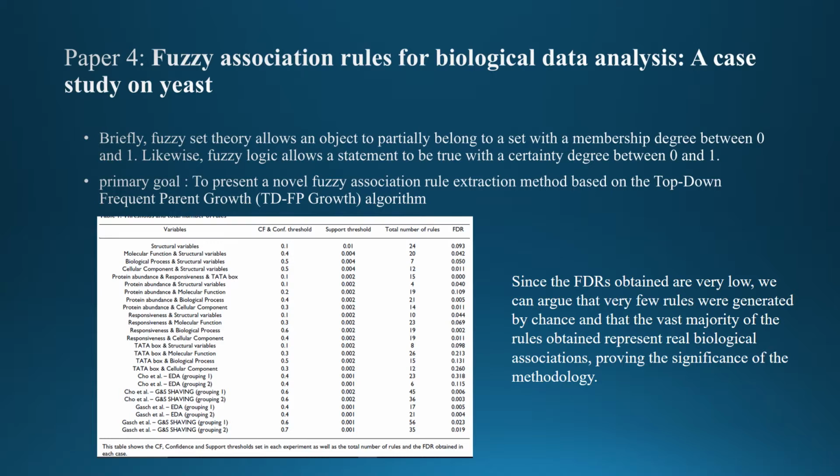Since the FDRs obtained are very low, we can argue that very few rules were generated by chance, that is by randomness, and that the majority of the rules obtained represent real biological associations, proving the significance of the methodology. I've seen in the paper that they have actually compared the FDR results to the actual results in the lab, and they found that the majority of the rules obtained represent a real biological association, which implies that it has a significance value.